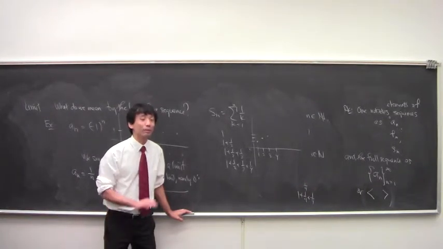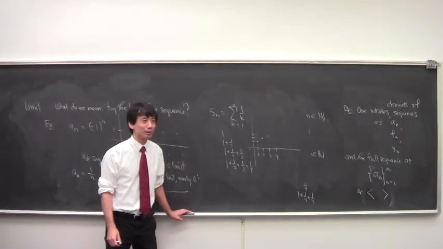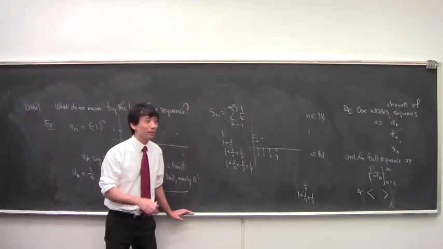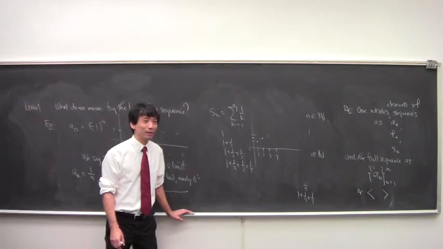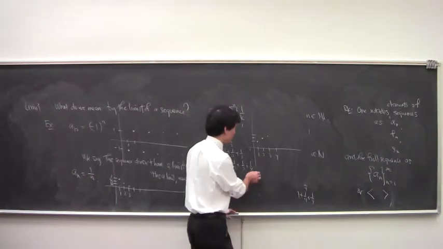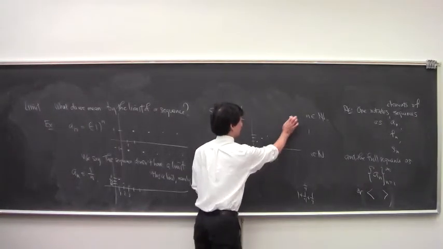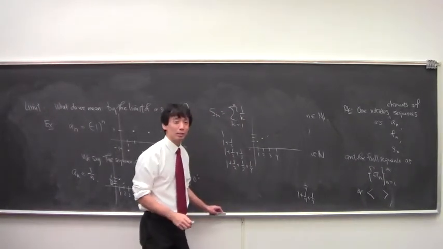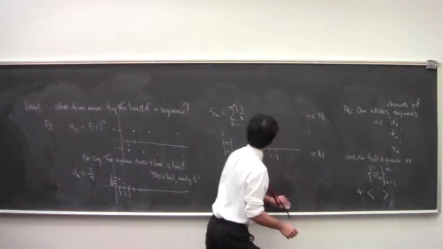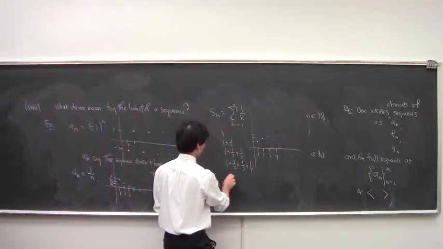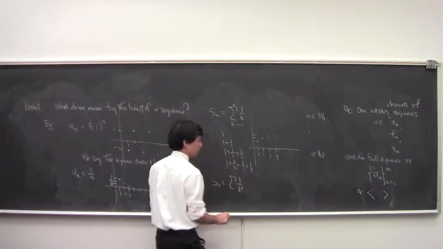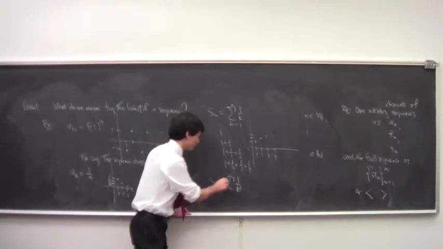Does anyone know? Mia, does it go to 2? No. Raleigh? I think it doesn't have a limit, it diverges. It actually goes to infinity. Yeah, this one actually goes to infinity. It goes to infinity very slowly, but it does. What about 1 over k squared, from k equals 1 to n? Does anyone know?